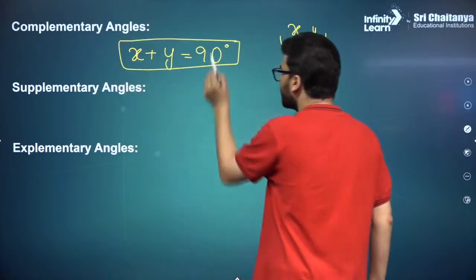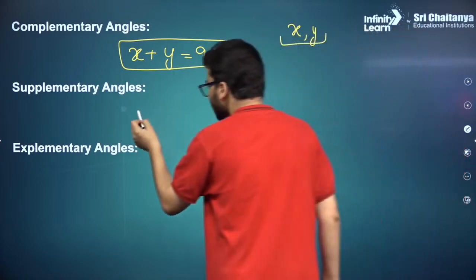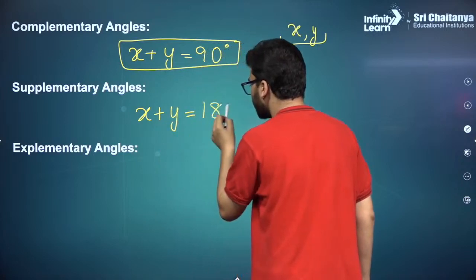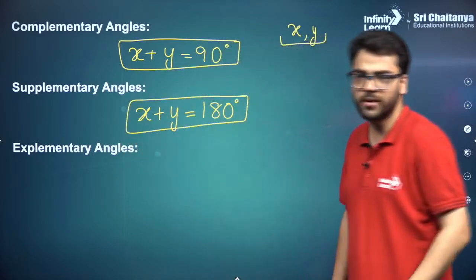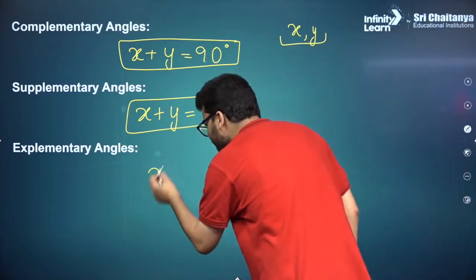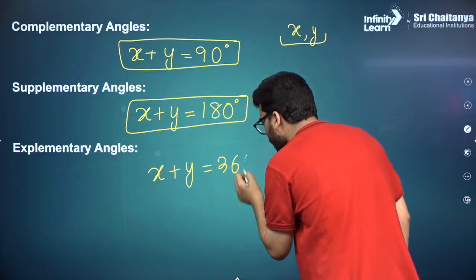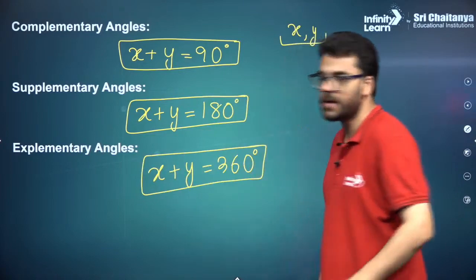Two angles whose sum is 180 degrees are known as supplementary angles. And two angles whose sum is 360 degrees are known as explementary angles.